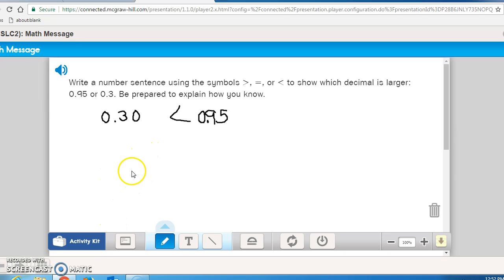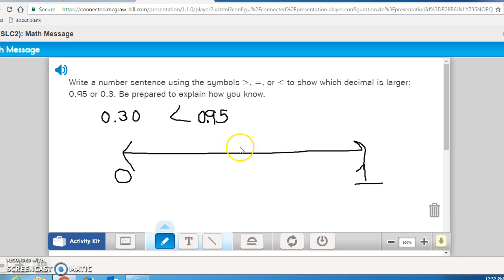Think of it as a number line. If this was 0 and this was the number 1, halfway would be 0.5. So just like when you normally count, this would be 0.1. Approximately. I'm not using a measuring tool here, so I'm kind of guessing where these would be placed.